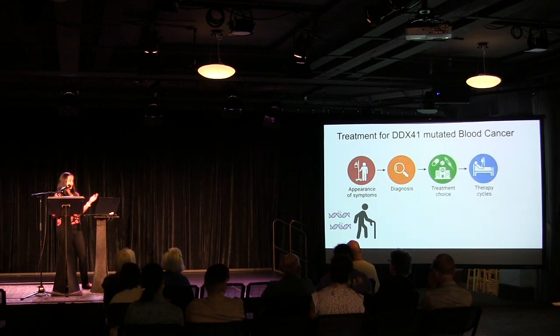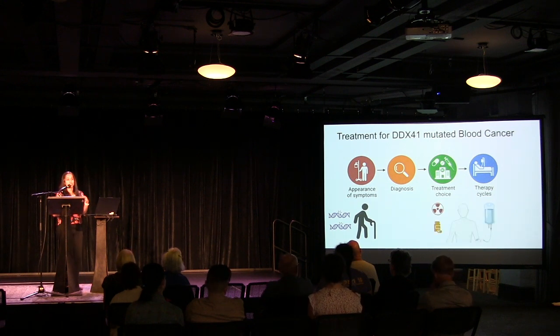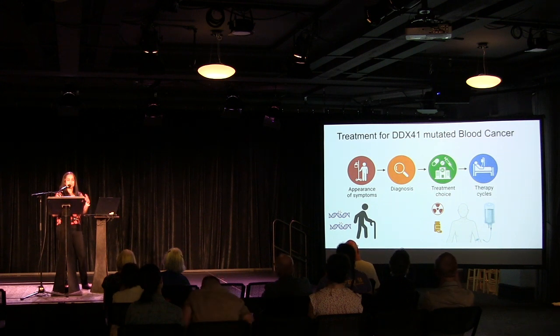The patient then undergoes different treatment choices and therapy cycles, which are typically radiation and high-dose chemotherapy to get rid of these bad cancerous cells, followed by something called a blood transfusion, where the cancerous blood cells are removed from the patient and replaced with healthy cells from a healthy donor.